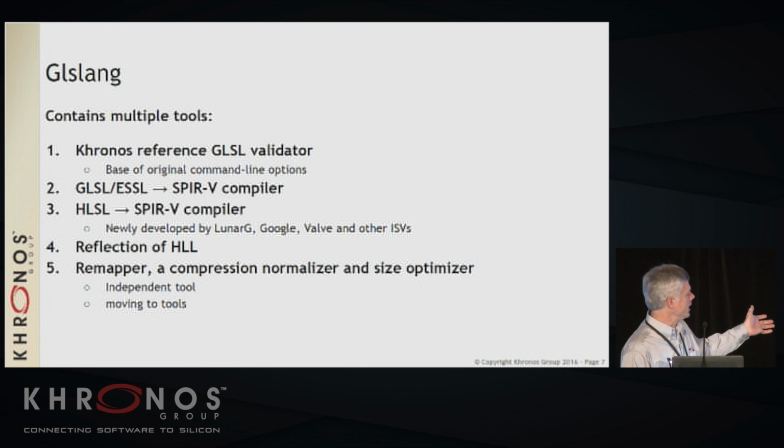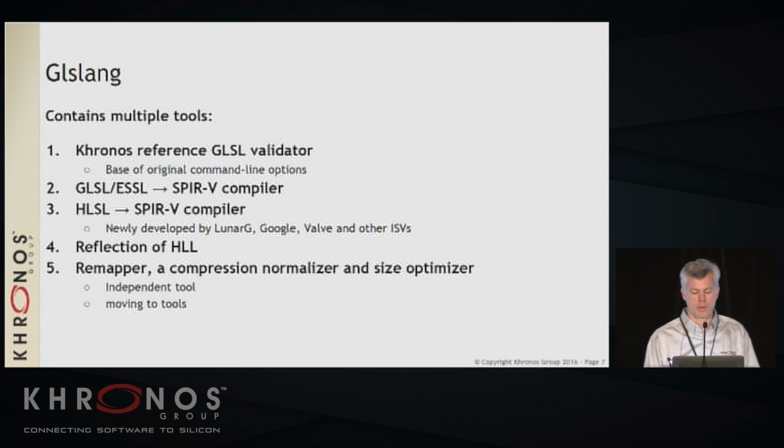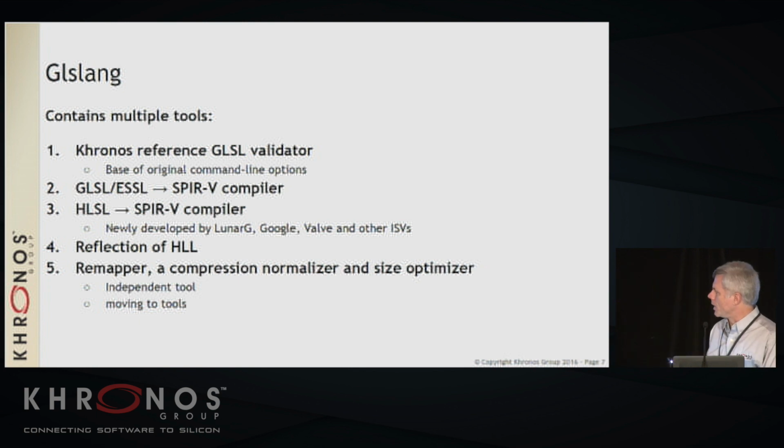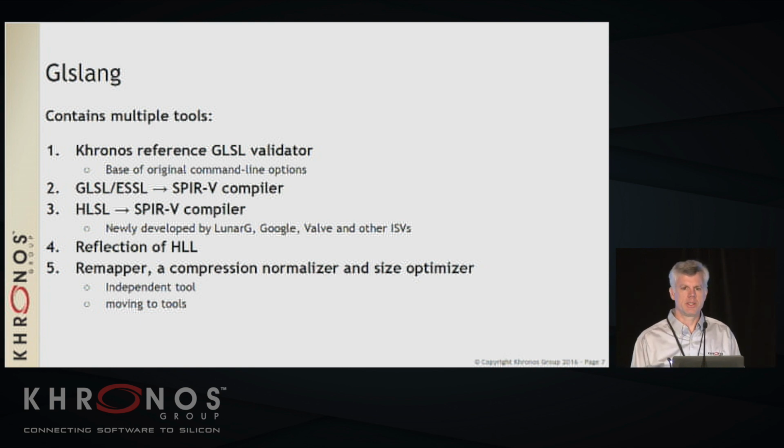The newer component is a GLSL to SPIR-V compiler. So it takes in the GLSL and creates the binary .spv module for the SPIR-V. And most recently, we've been creating an HLSL to SPIR-V compiler, which we'll talk more about each of these in a couple slides.